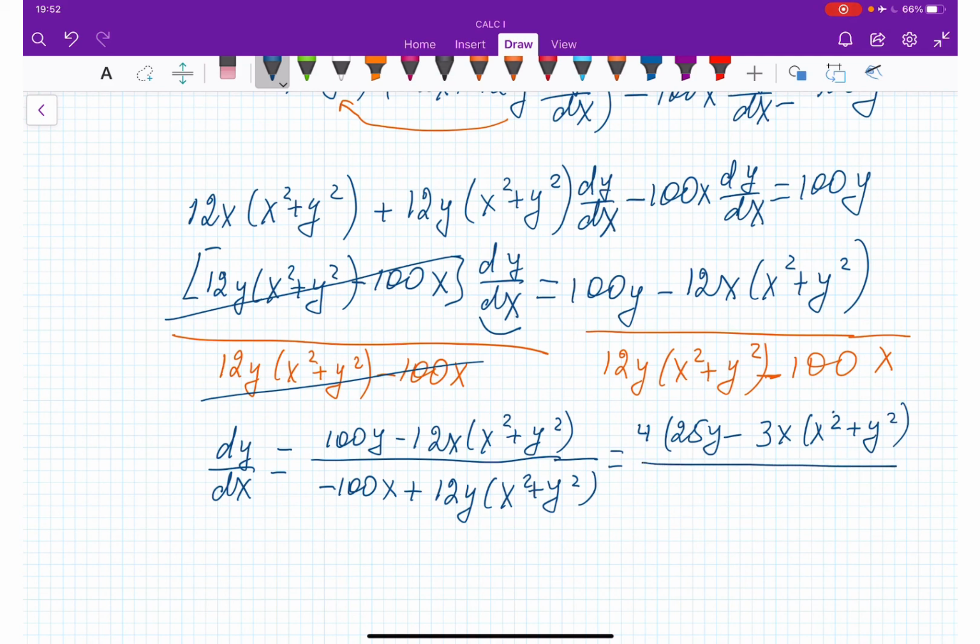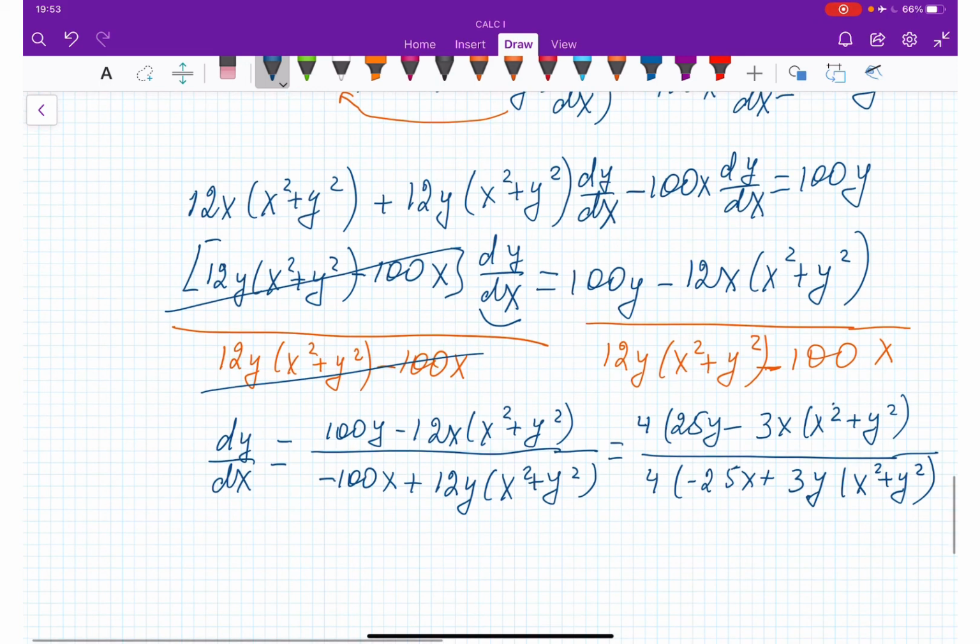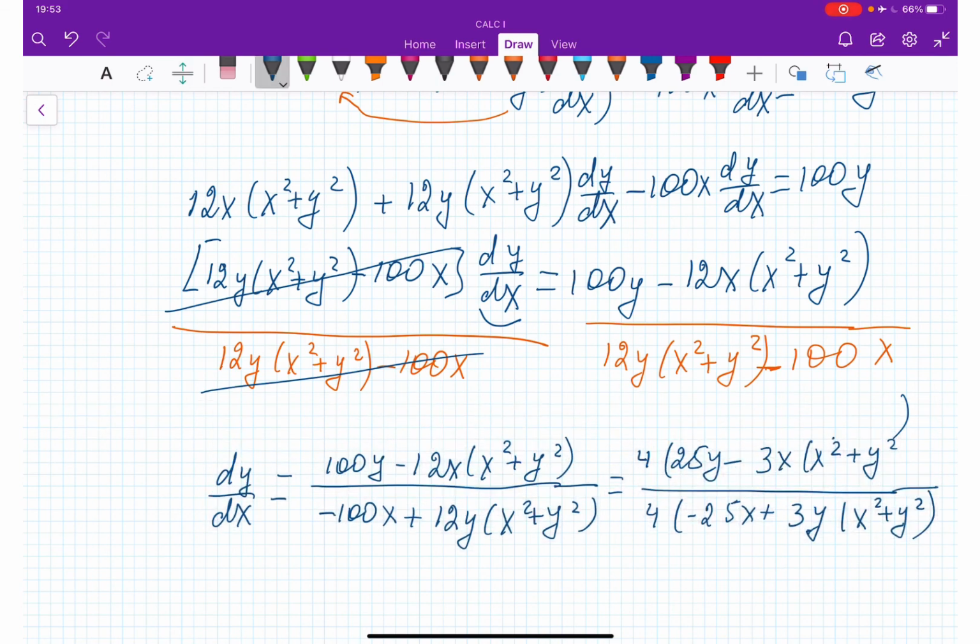And here we have, if I'm taking 4 out, negative 25x plus 12y, again, see, forgetting to divide, plus 3y (x squared plus y squared). Why is it 3y instead of 12? Because when I'm taking 4 out, there will be 3 left, right? Okay, and that's it.